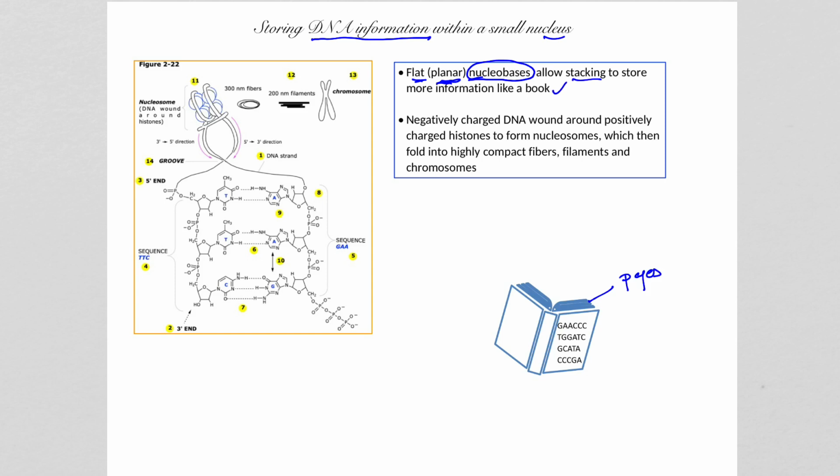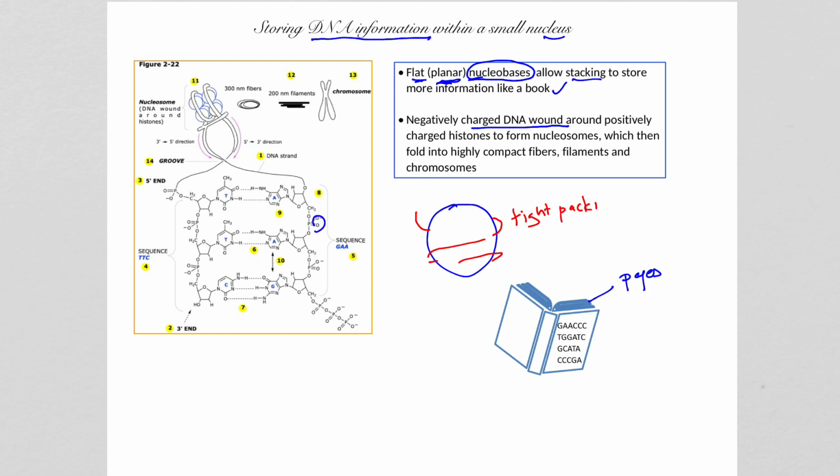The other important feature of DNA is that it's negatively charged, and that negative charge allows the DNA, so if this is your histone, your DNA can actually wind around the histone and allow tight packing.